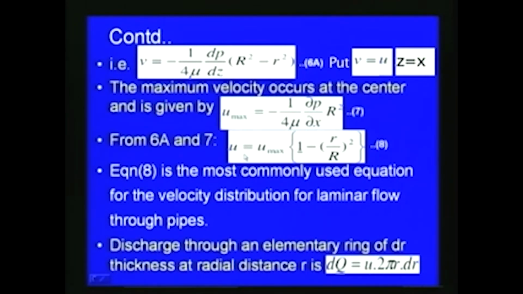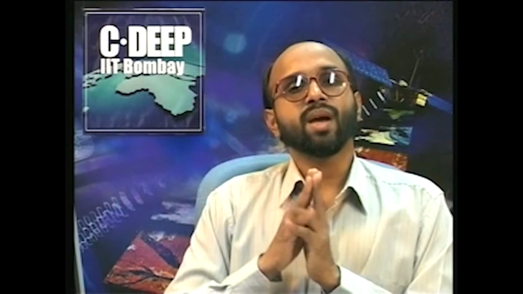So, this equation 8 is the most commonly used equation for the velocity distribution for laminar flow through pipes. Here our assumption is that flow is steady state and laminar and the pipe is in a parallel horizontal direction. All these assumptions we applied, and that way only we could use the simplified form of the Navier-Stokes equation to derive an exact solution.